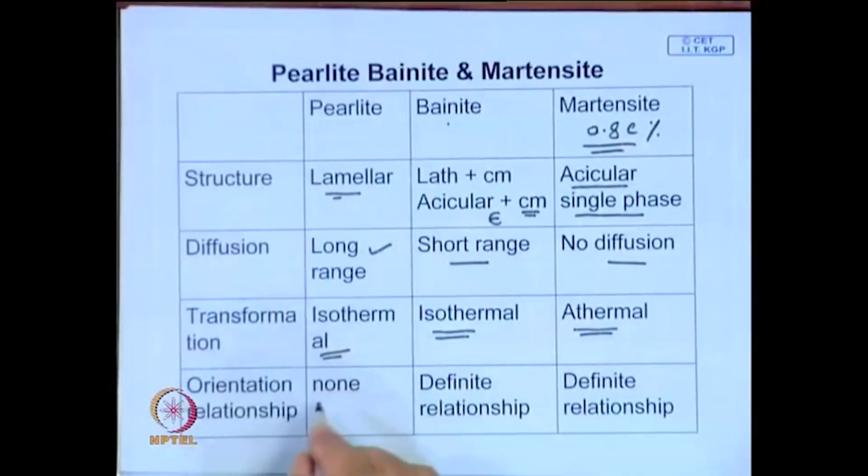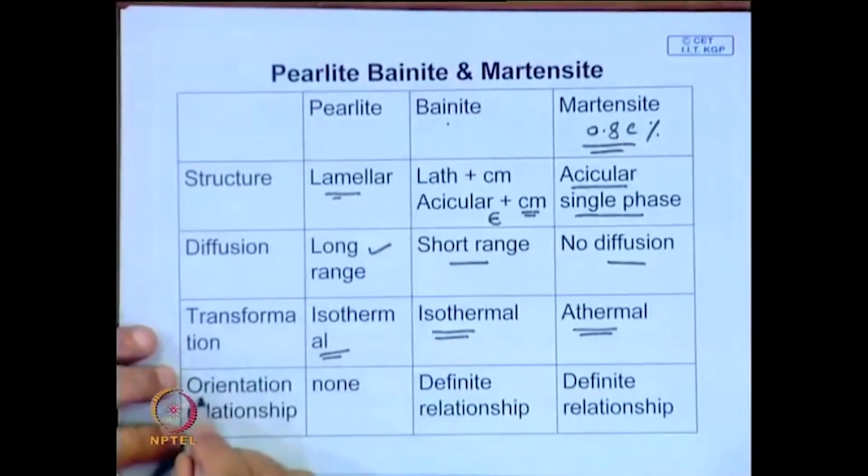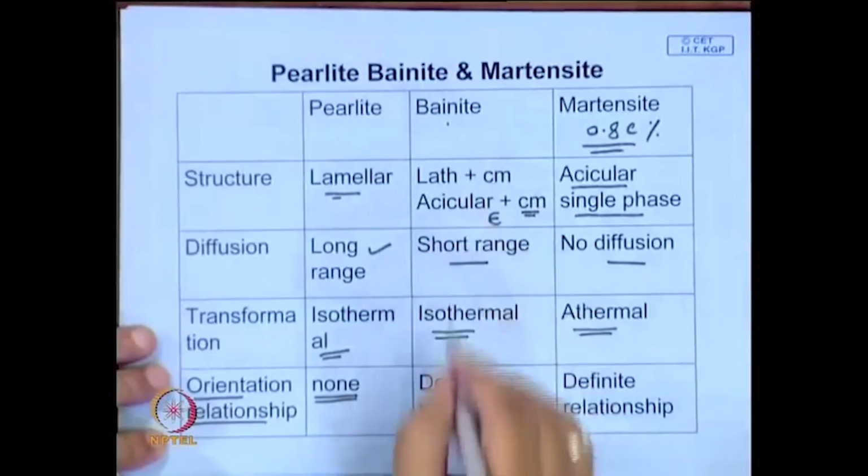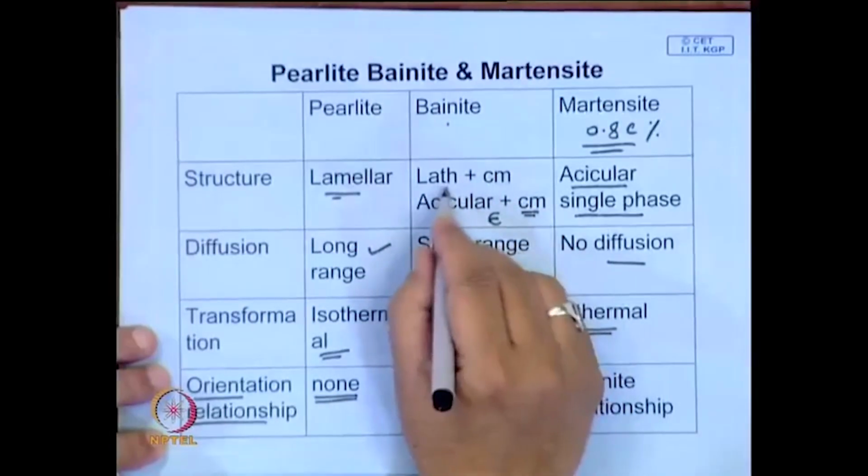Now, whenever transformation takes place, the precipitation in certain cases takes place on a particular plane of the matrix, and this is called the orientation relationship. In the case of pearlite, there is no definite relationship on which plane cementite will form, but in bainite there are definite relationships, and in fact these relationships can vary with the morphology.